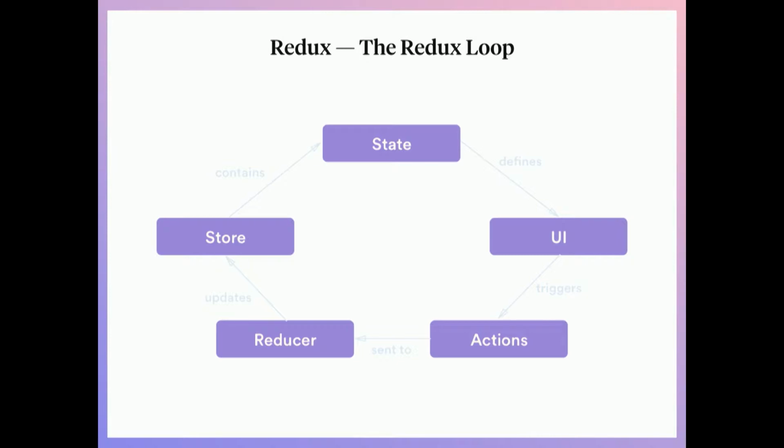When the user clicks or interacts with our application in some way, the UI dispatches new actions, like change car color or change car number. The actions are then processed by a reducer. The reducer will update the Redux store, the place where we store everything. Then the Redux store will update the application state, which will update the UI, and then we can interact with the app some more, and we just loop all the time.